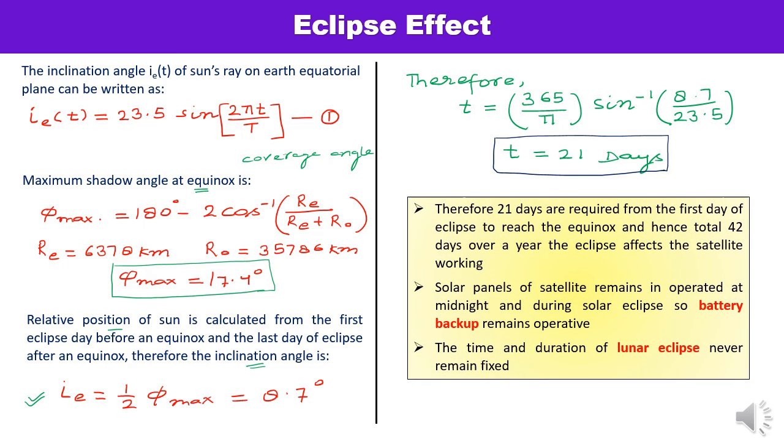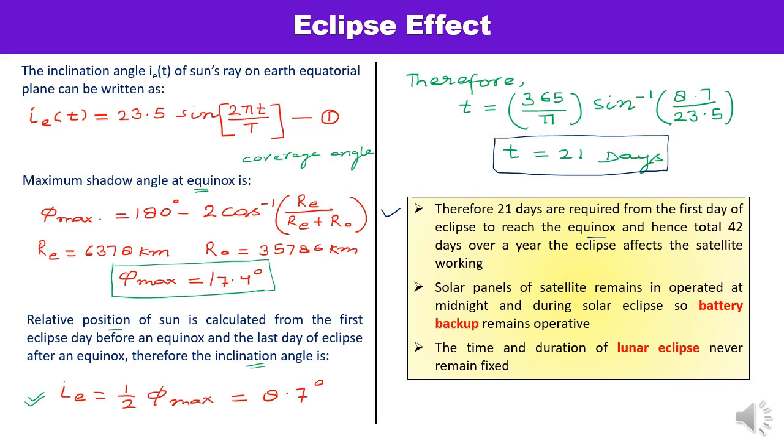It means 21 days are required from the first day of eclipse to reach the equinox. Therefore, 21 plus 21, 42 days over a year, the eclipse affects the satellite's working. Out of 365 days, 42 days are going to be impacted.